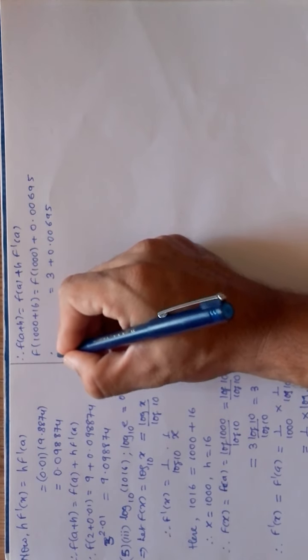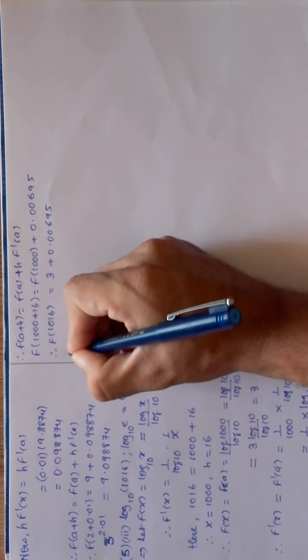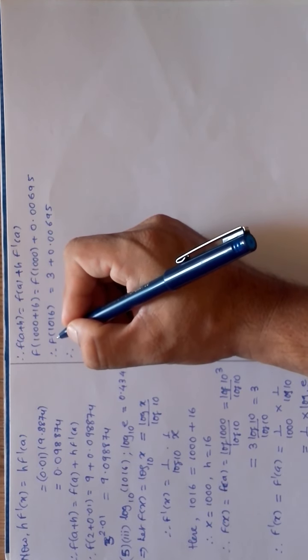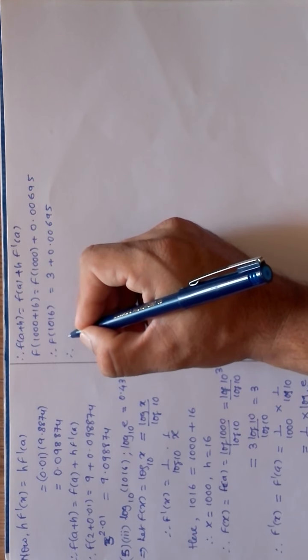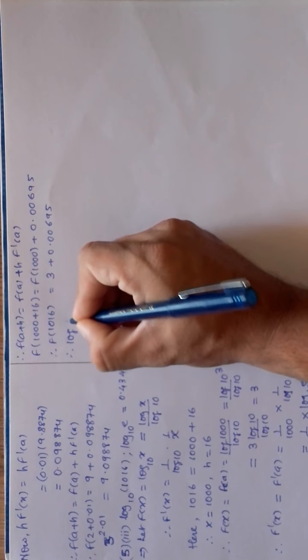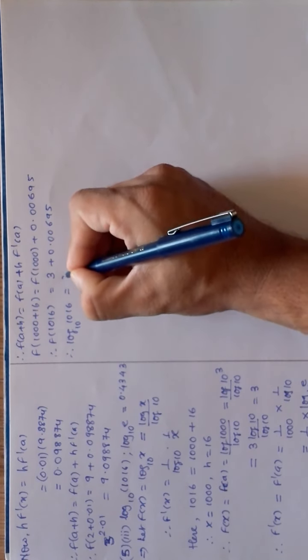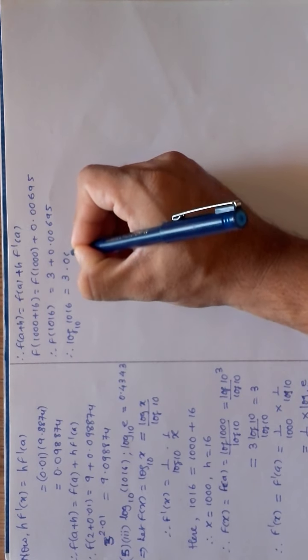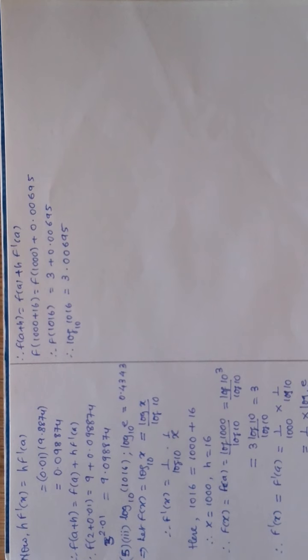So obviously function of 1016, which is nothing but function of x defined as log of 1016 to the base 10, is equal to 3.00695. I hope you have understood everything. If you have any doubt, just go back and check it once again.